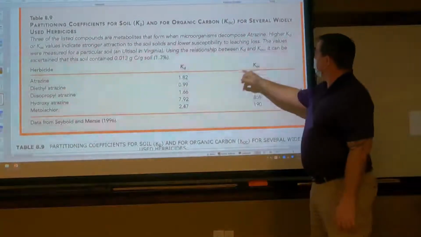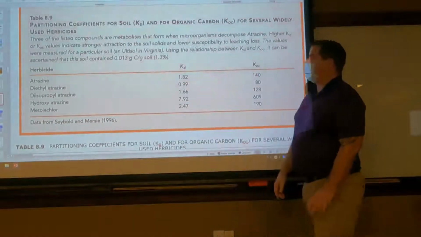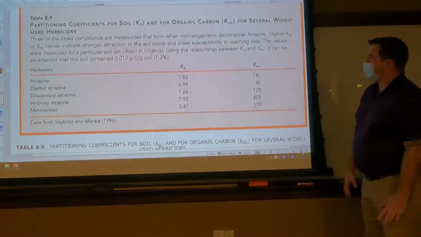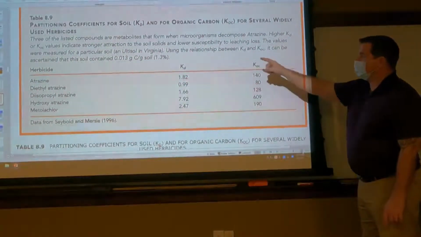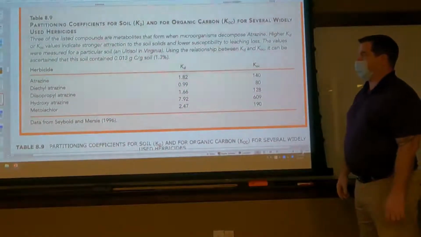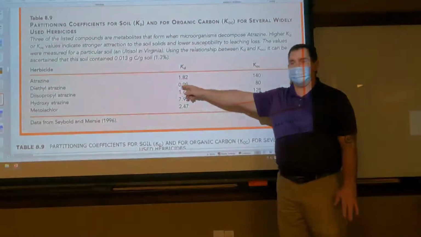And so what they determined was that 0.013 grams of carbon per gram of soil, that the soil contained 0.013 grams of carbon. How they determined that was, someone still got their calculator open?